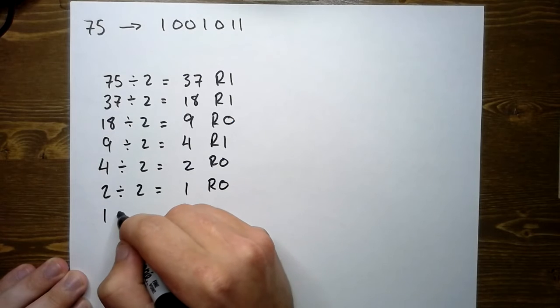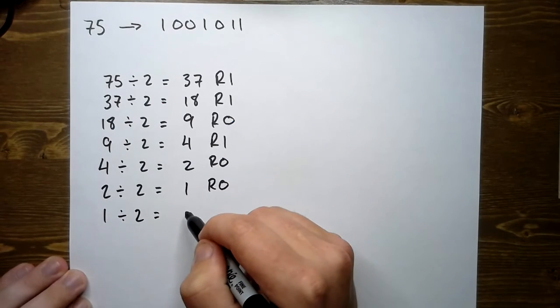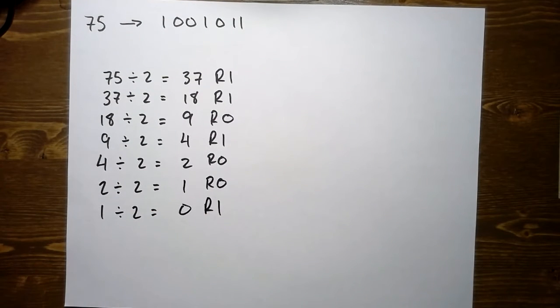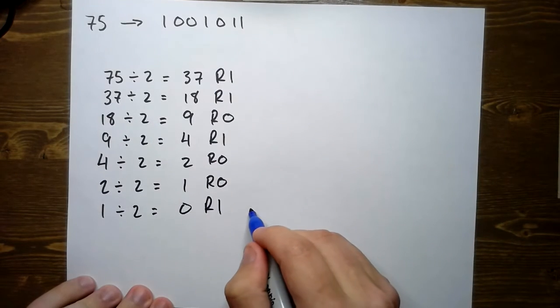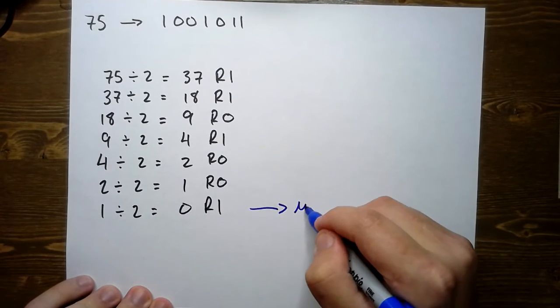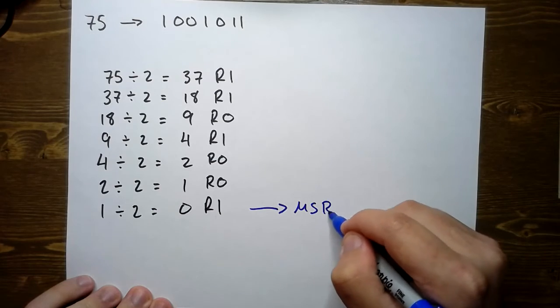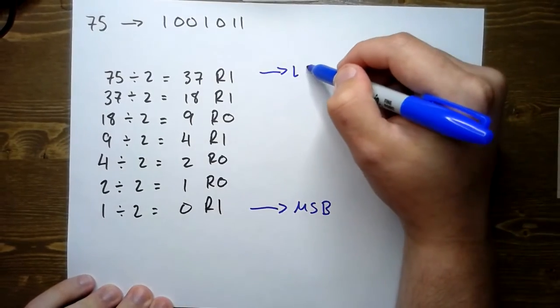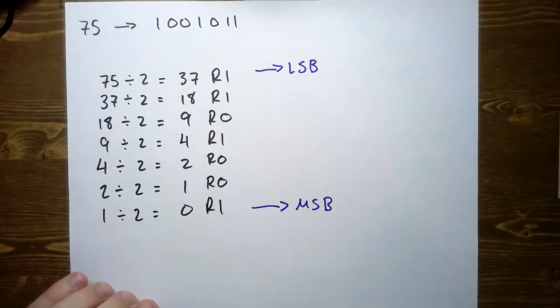And then 1 divided by 2 is equal to 0.5 or 0 remainder 1. So now that we've done all of that, got to the bottom, we've got what we call the most significant bit, or MSB, and we've got our least significant bit, or LSB.